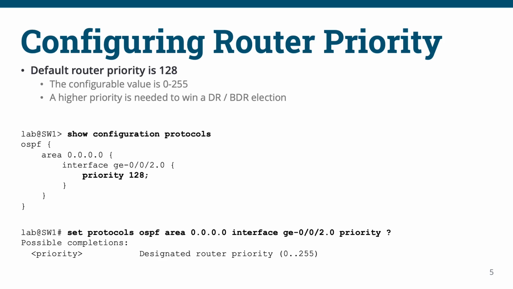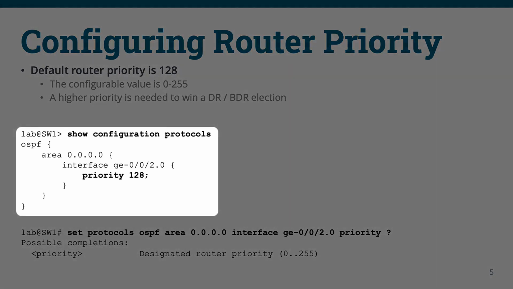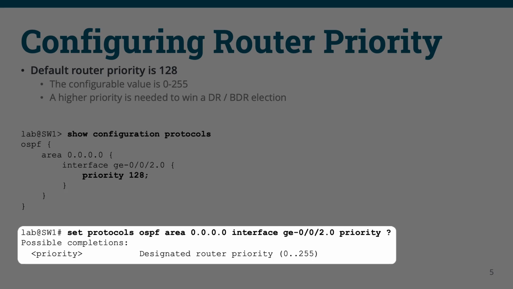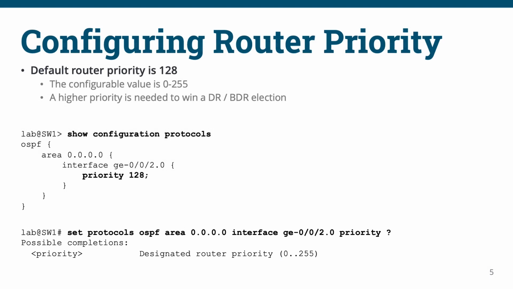As we see in our configuration snippet here, the priority value is configured under the interface of the OSPF area configuration. Below, we have the valid completion for the command, which is looking for a decimal ranging from 0 to 255. And that's all that's needed to influence the DR and BDR election process.